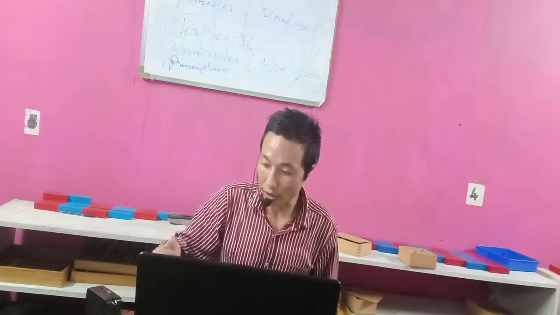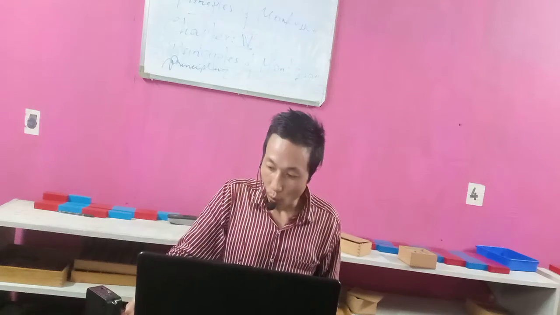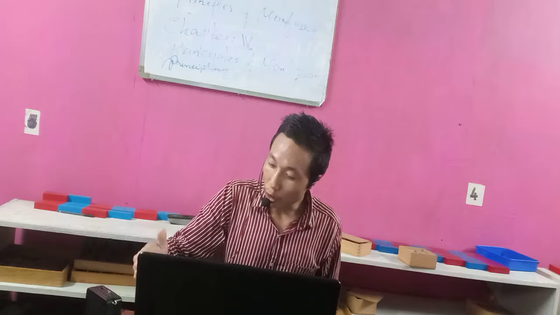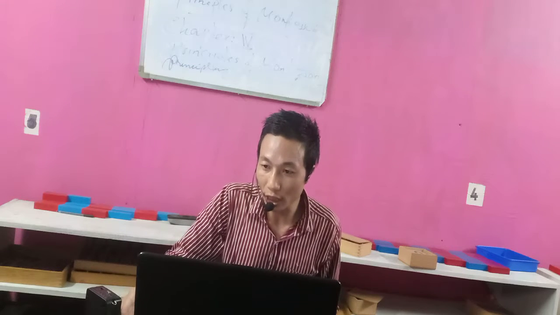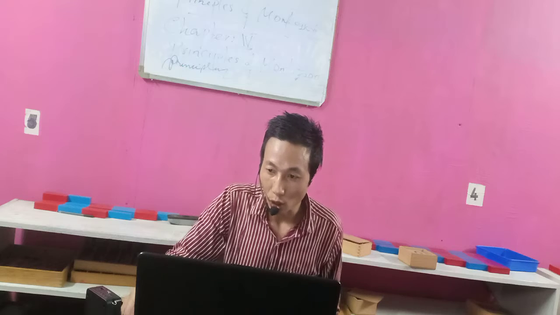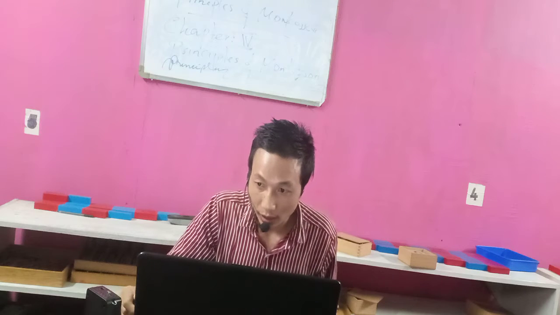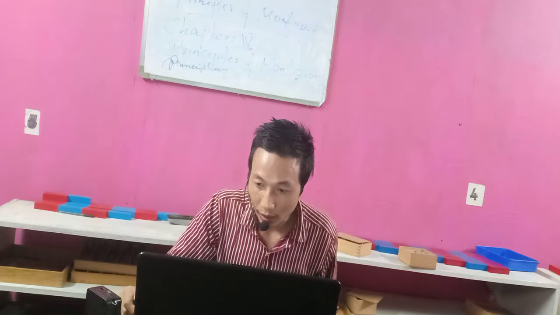I am the oldest. So, when we talk about the superlative degree, we usually use the article the. Yes, we usually use the article the. The tallest, the biggest, the strongest.